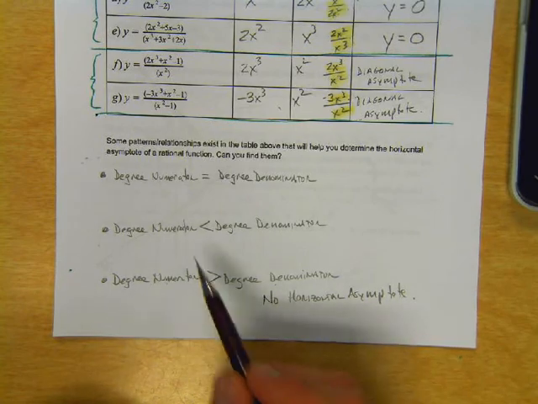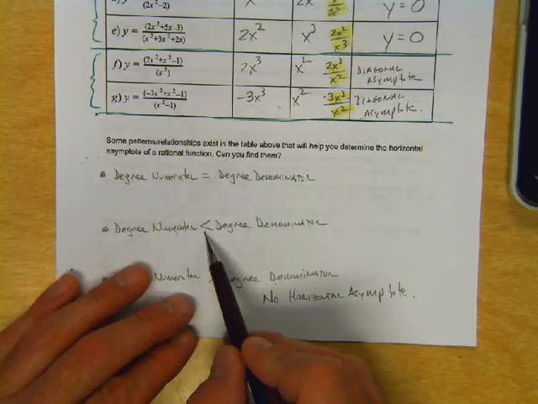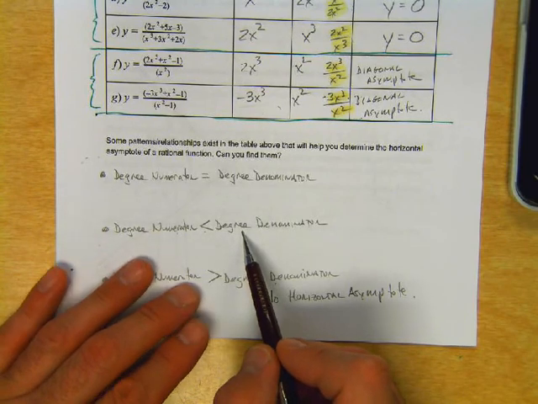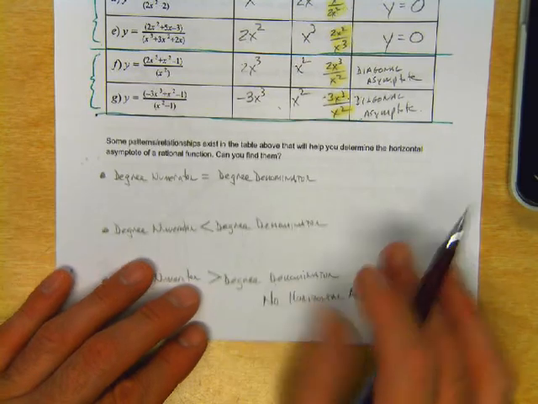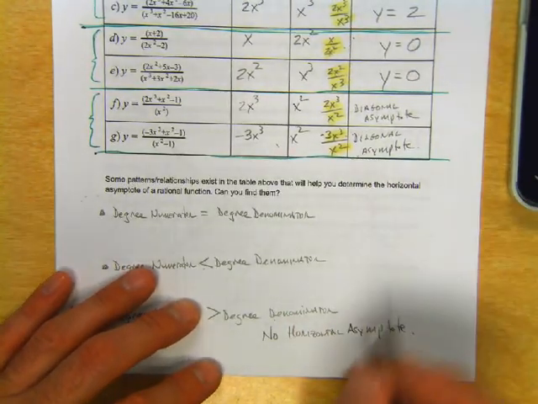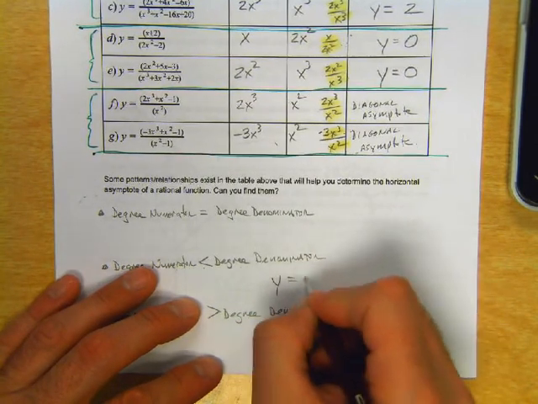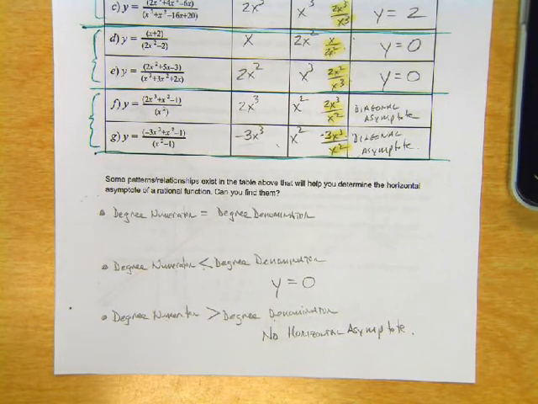How about if the degree in the numerator is smaller than the degree in the denominator? Is there a horizontal asymptote? Yeah, and it's equal to 0. So we would say the horizontal asymptote is located at y equals 0.